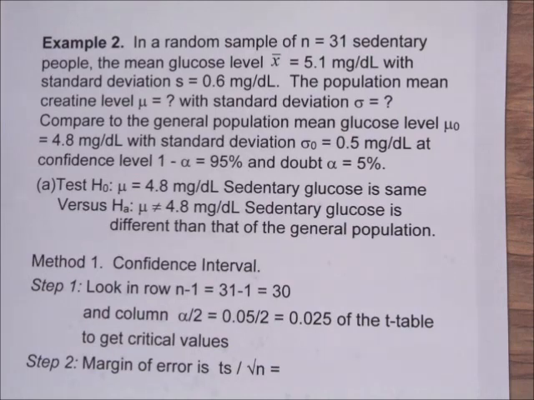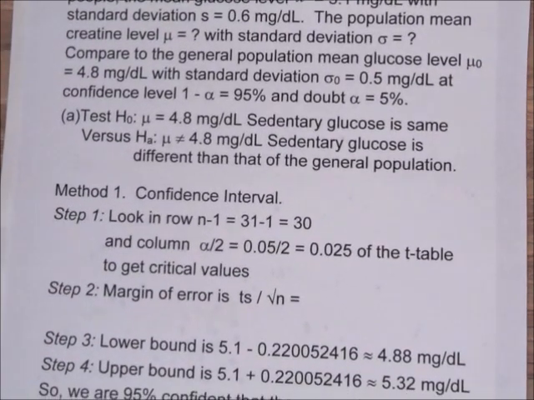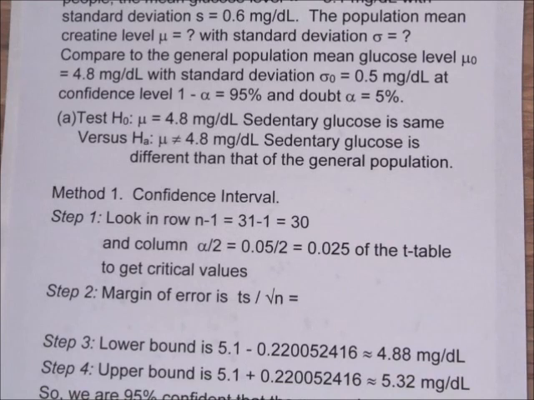Okay, so there are 3 methods we can do. We can do a confidence interval, but when we set up the confidence interval, instead of looking in the z table, we're going to look in the t table, because the t table is another bell curve.